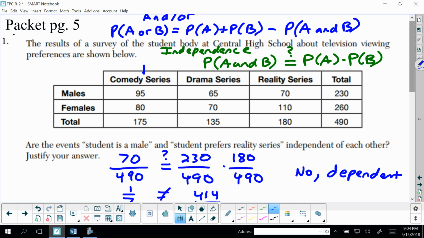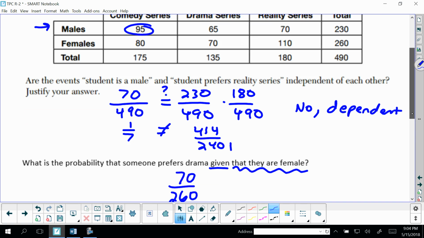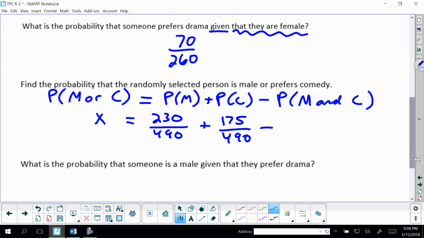So here's comedy, here's male, they crisscross at 95. So we're going to subtract off 95 out of 490. If we punch that all in, we would either get 310 out of 490, or in reduced form, 31 out of 49. Either of those would be fine.